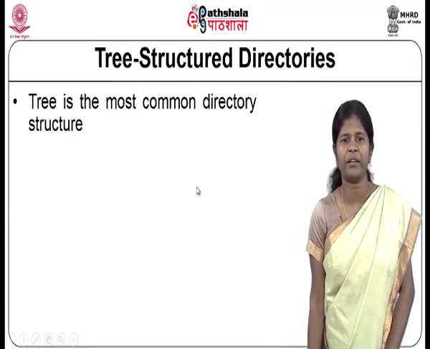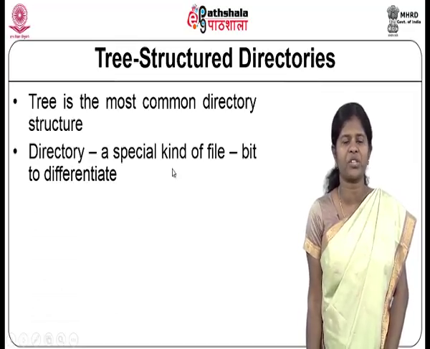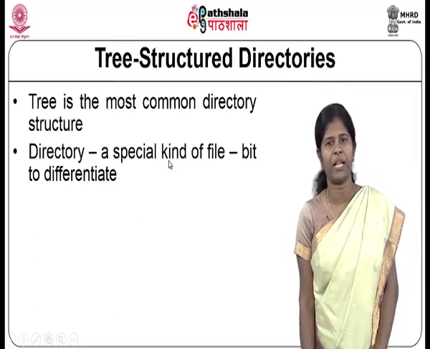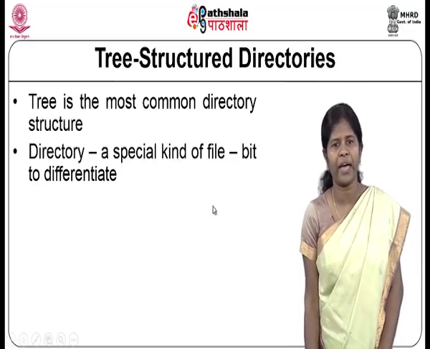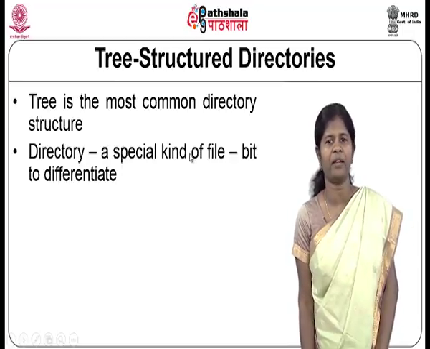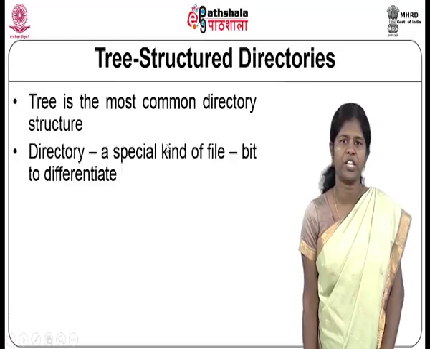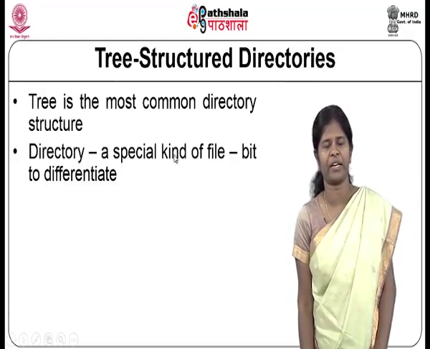So, in tree structure directory, it is the most common directory structure, and you have multiple directories at multiple levels. A directory is also looked at as a special kind of file, but there is a bit to differentiate between a regular file and the directory file in the directory's contents.